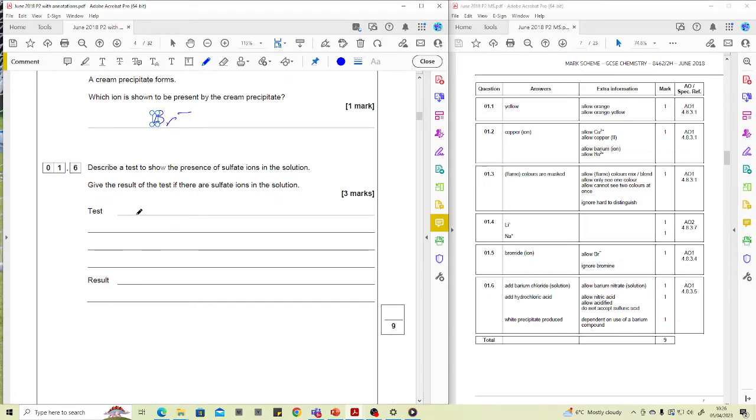And a test to show the presence of sulfate ions, the test and the result. So add barium hydroxide solution, and you get a white precipitate.